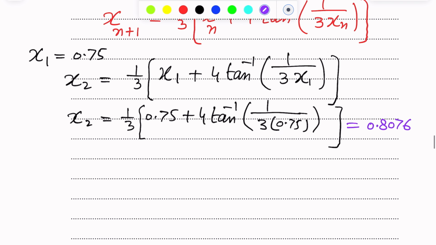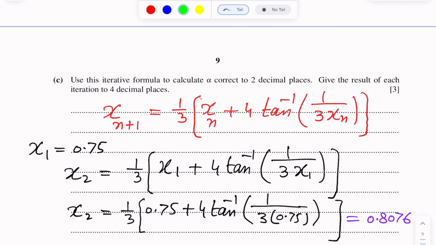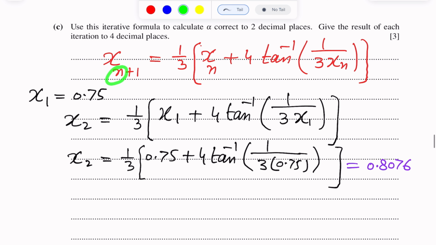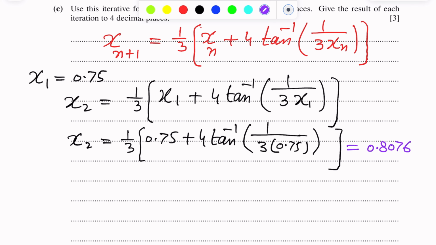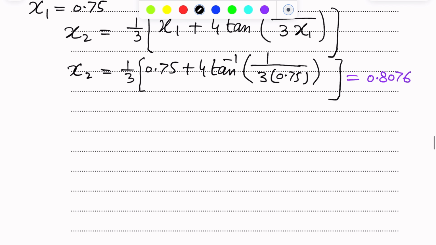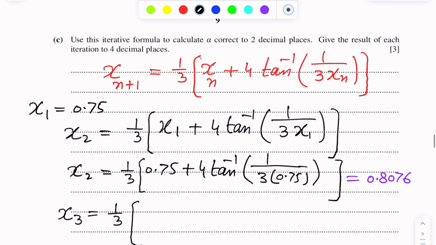Now in the same way we will find x3. To find x3, we will put n is equal to 2 in the whole of this iterative formula. x3 will be 1 over 3 times the value of x2, which we have already found.